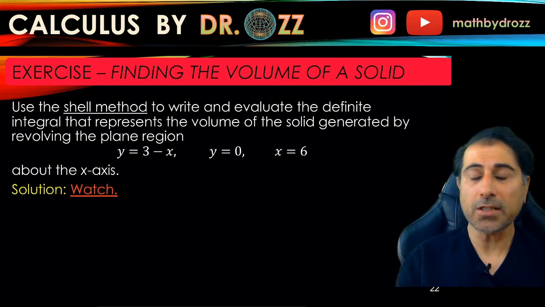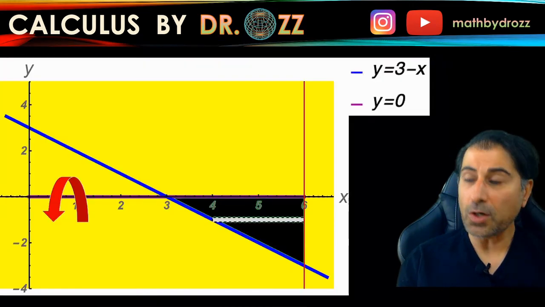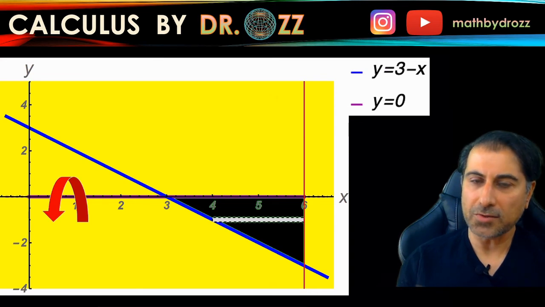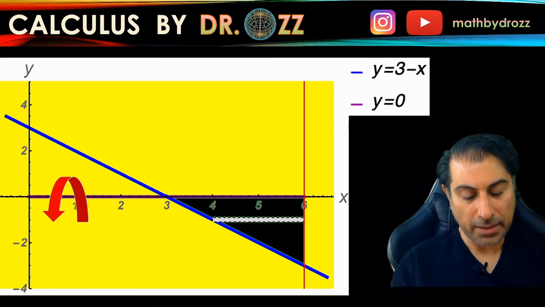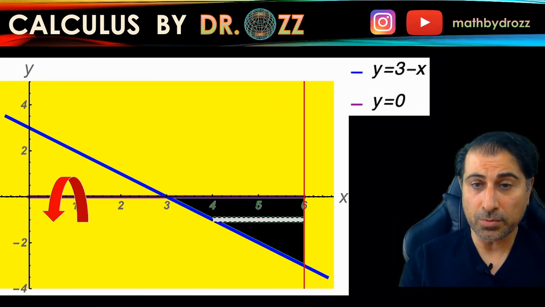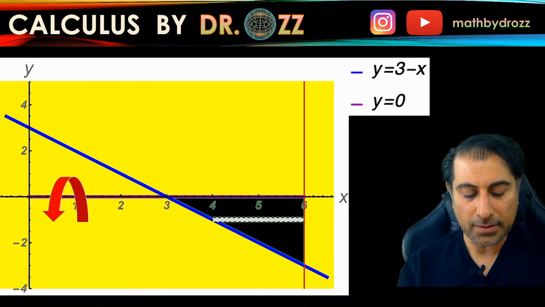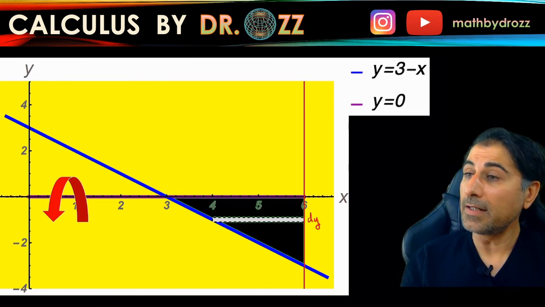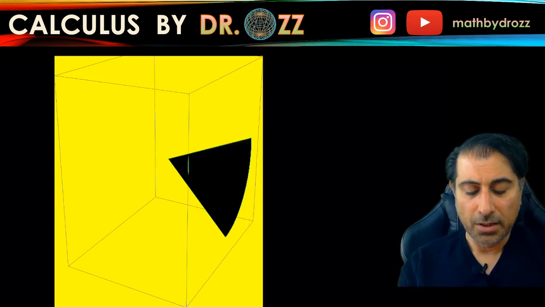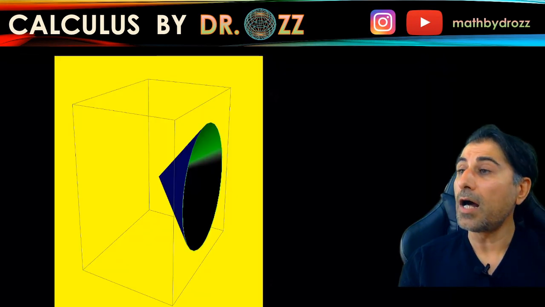You can go ahead and check what the region looks like first. And here is what we have. We're going to revolve this region about the x-axis, so that means I'm going to take a representative rectangle parallel to the axis of revolution, and that's going to come with thickness dy in this case. You're going to revolve this region to get a cone-shaped picture here.